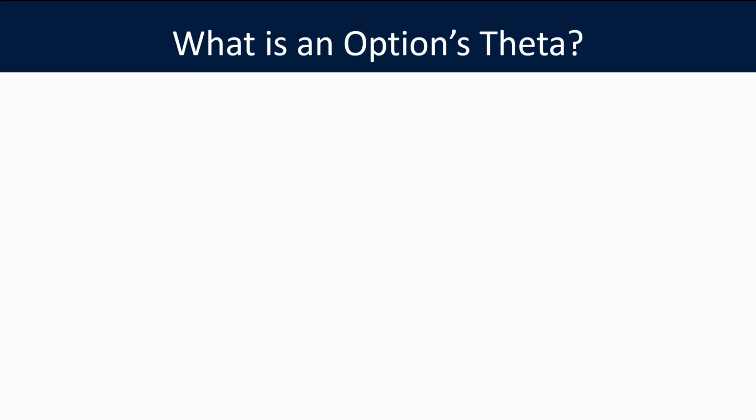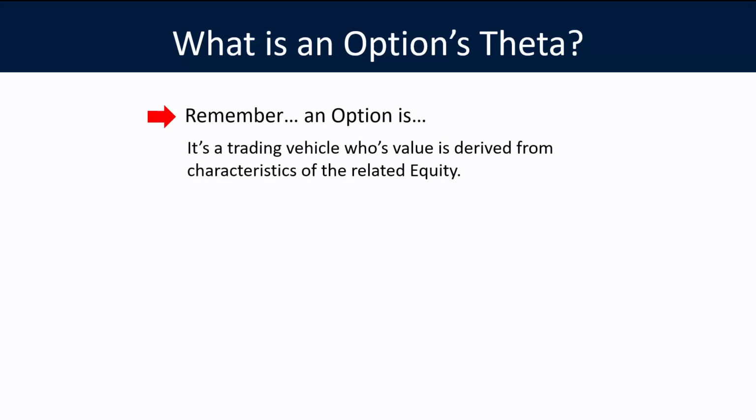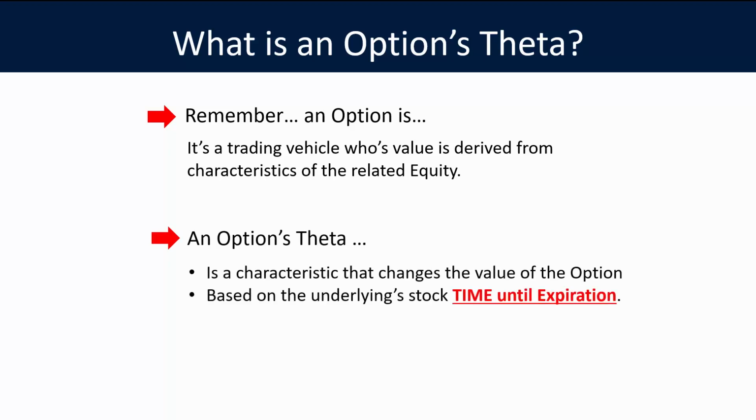Now the second question is in regards to an option's theta. Again, the option is a trading vehicle whose value is derived from the characteristic of a related equity. In this case, an option's theta is the characteristic that changes the value of the option based on the time until expiration of the option.